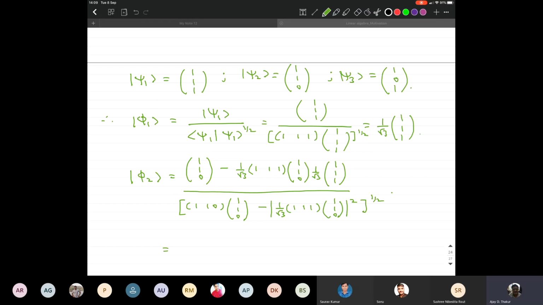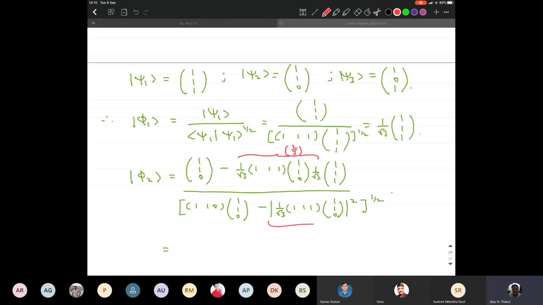So essentially you can see that this quantity is going to lead us to a number which is going to be 1 plus 1, 2, and 2 by 3. So this is essentially 2 by 3. Right, and similarly, you can see that this is going to be 2 by root 3.